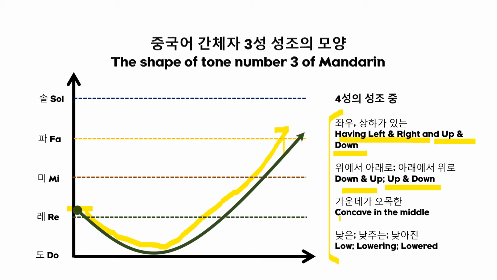And it is the shape concave in the middle. Among the 4 tones in shapes, this is the only tone shape concave in the middle. And its lowest sound is low, lowering, and lowered from the start. Okay, so I have derived these 4 major concepts from the shape of tone number 3 of Mandarin.